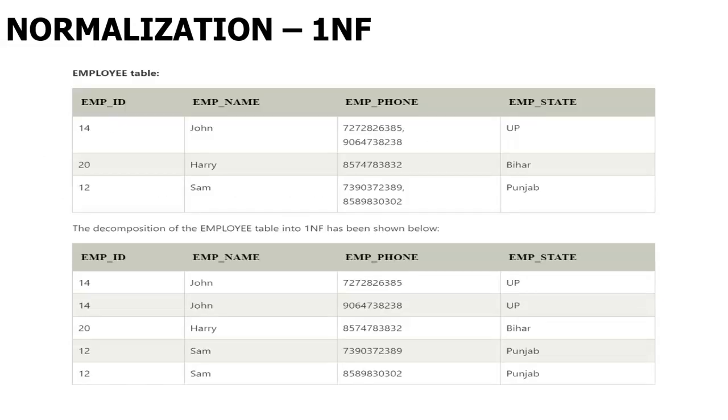Now we'll see the example. I have employee ID, employee name, phone number, employee state. These are the attributes. When I check the employee phone number, I have two numbers in one single attribute. This is not supported in 1NF, as it is not an atomic value. It should be an atomic value.